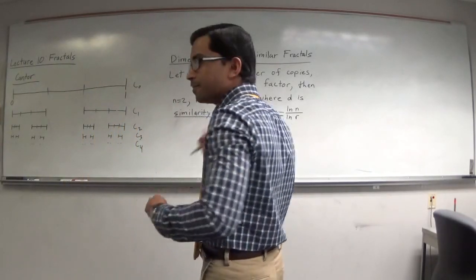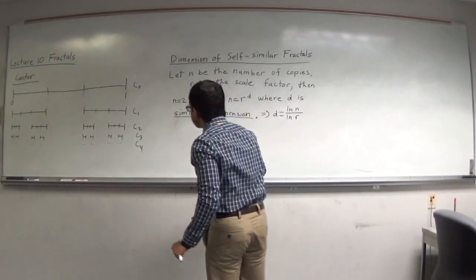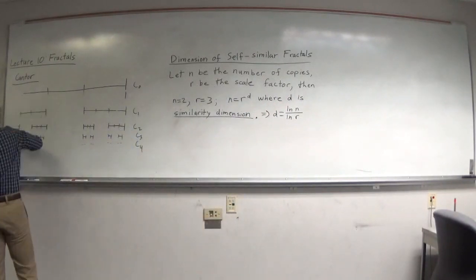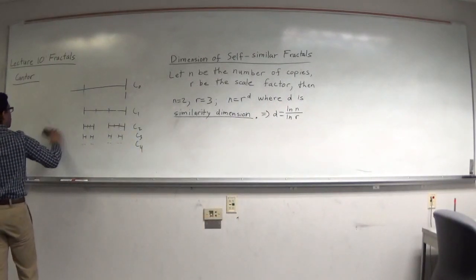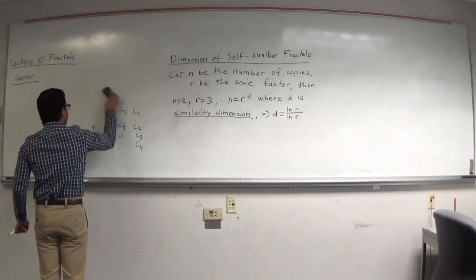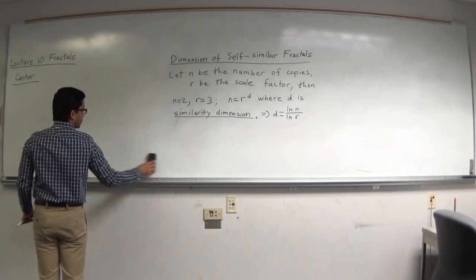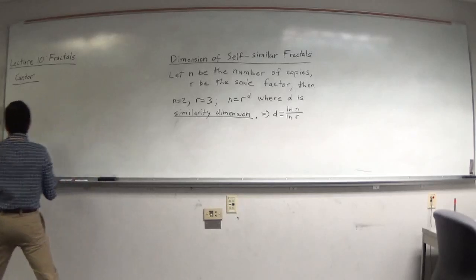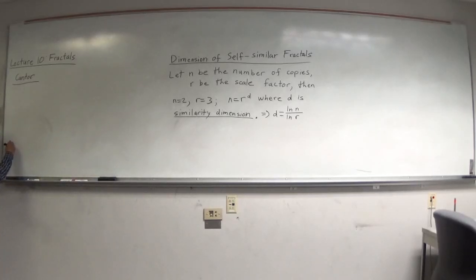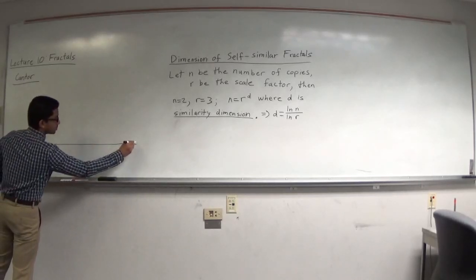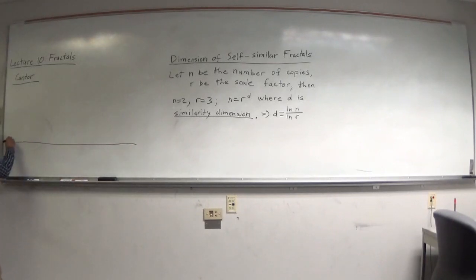So let's take the von Koch curve. We start off with the unit interval as usual, and then we take a third of it.